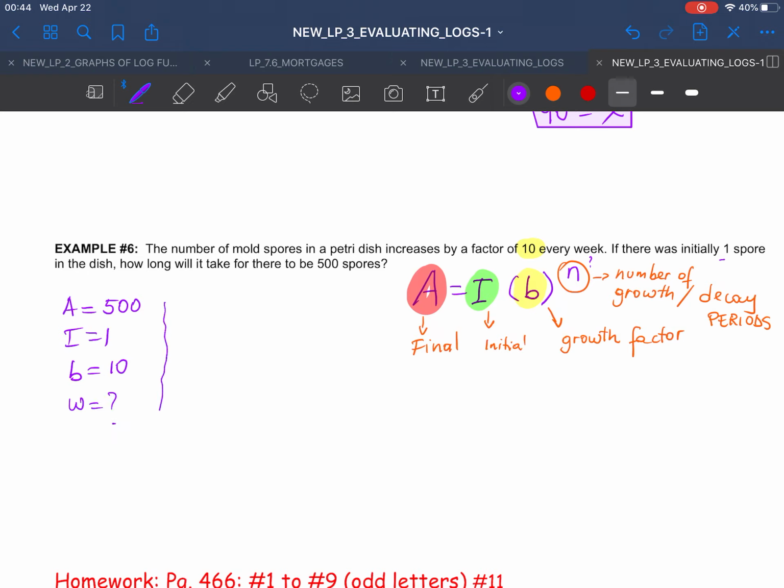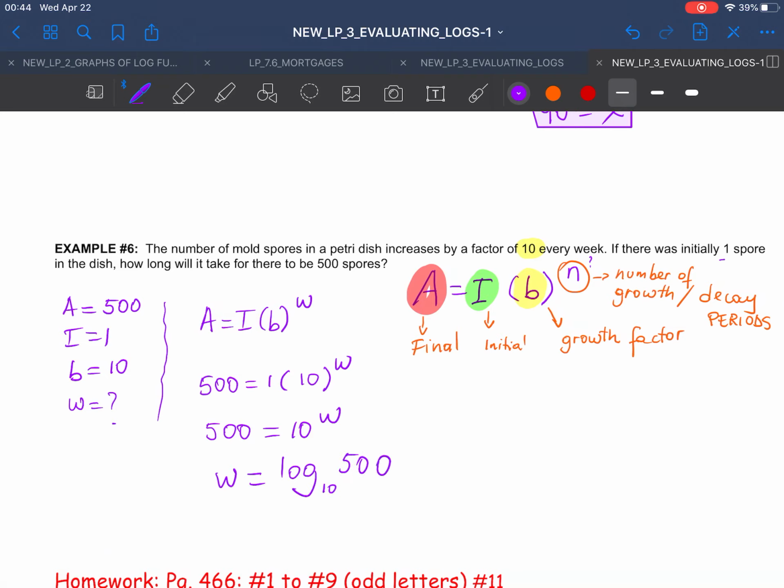So we're going to say that A equals I times B to the power of W for the number of weeks, and 500 equals 1 times 10 to the power of W, and 500 equals 10 to the power of W, where W is the log, or the exponent, same thing, with base 10 of 500.